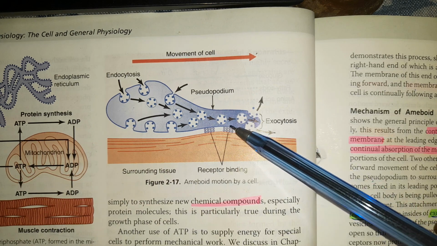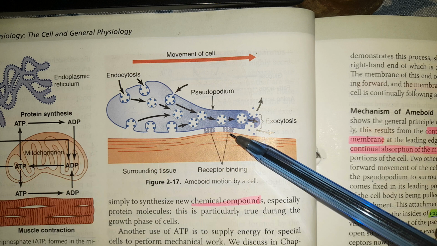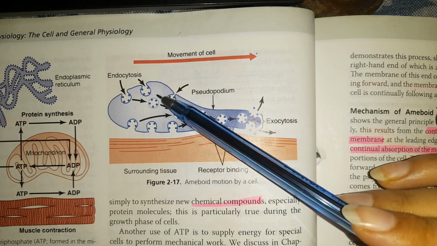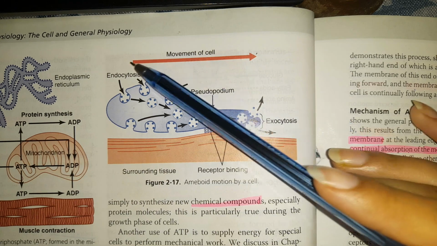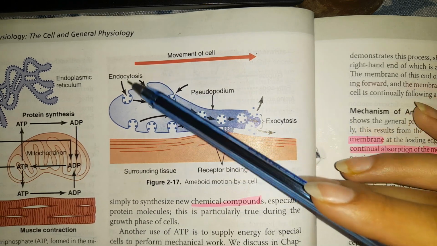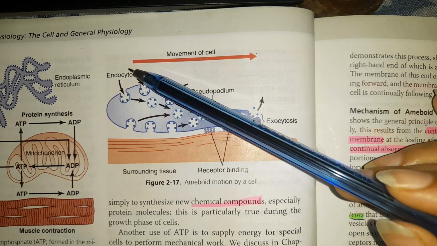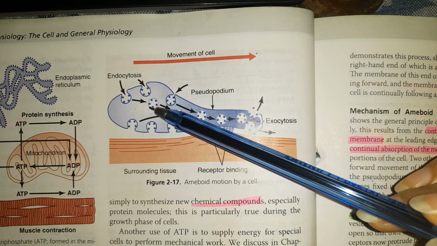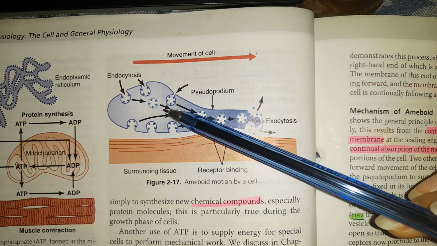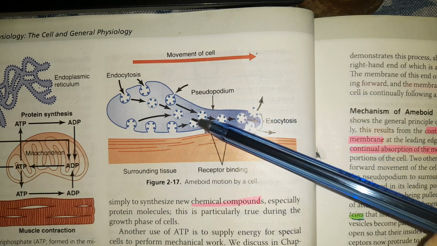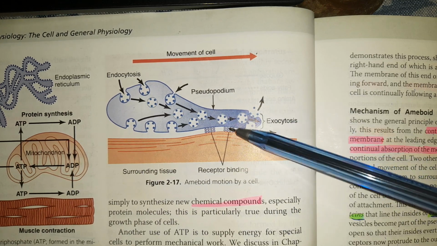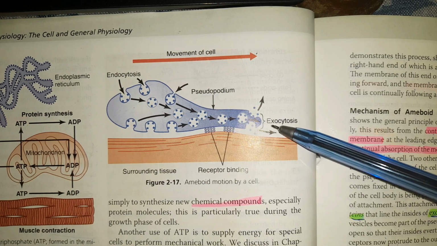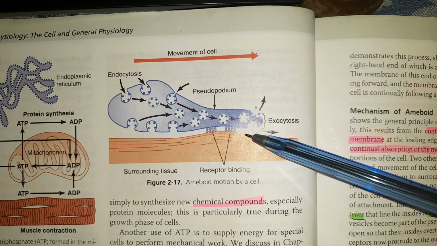They bind to the receptors and they pull the molecule forward. Similarly, at the end opposite to the developing end, we have endocytosis. There is movement inside. These vesicles move outside and form a pseudopodium. This pseudopodium then proliferates, releases its receptors, they attach to the substance, and then it moves forward.